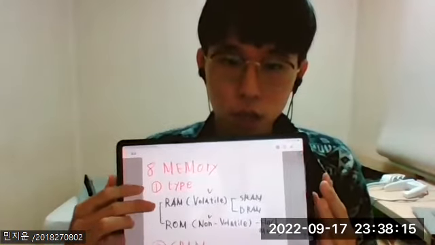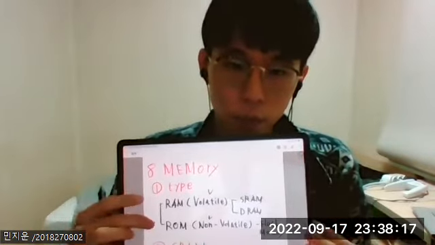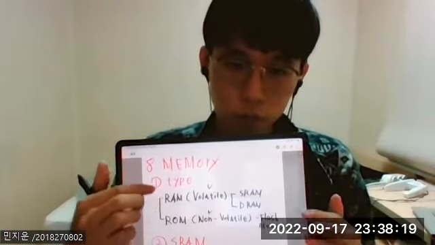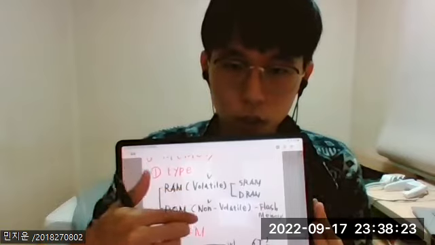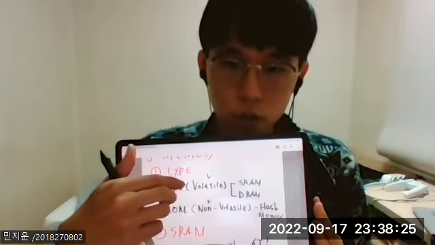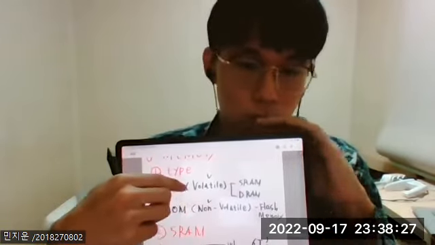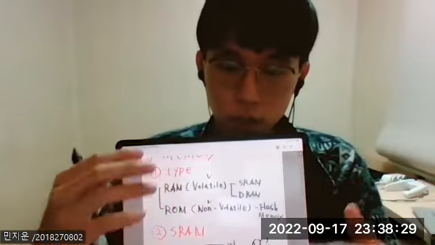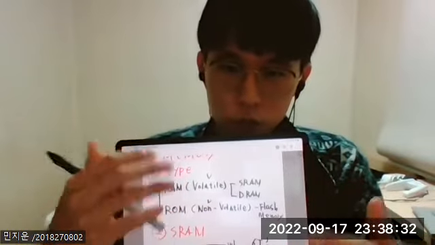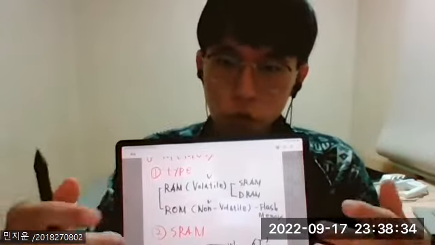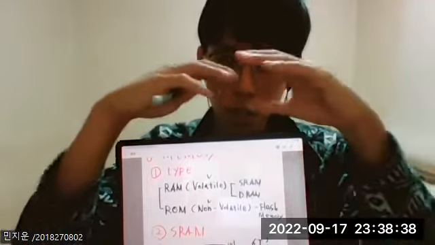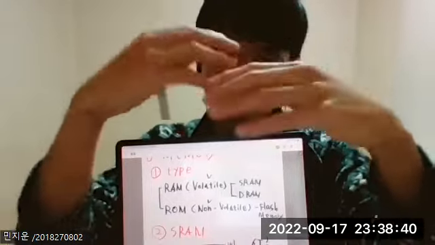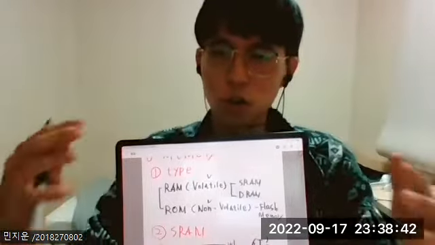Next, part 8 is memory. There are two types: volatile and non-volatile. Volatile means that if you turn off the power, the stored data disappears.